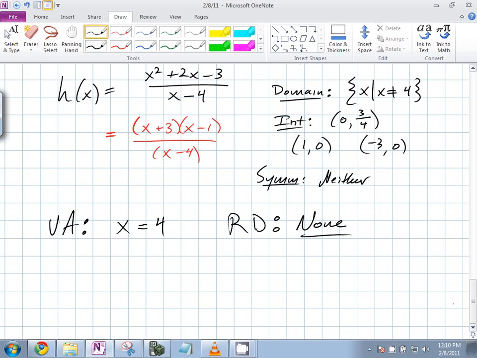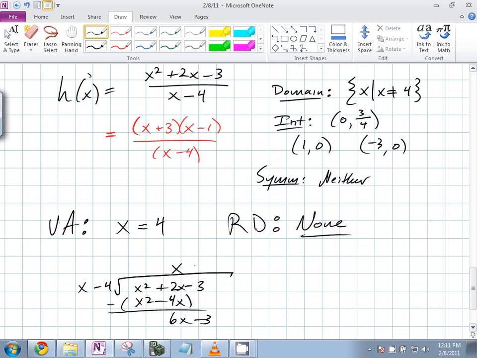What does the end behavior look like as x gets really big? Let's check it out. We want to do x minus 4 into what? So up top you're going to get x, and then you get x squared minus, we subtract and we get minus 3 plus what?